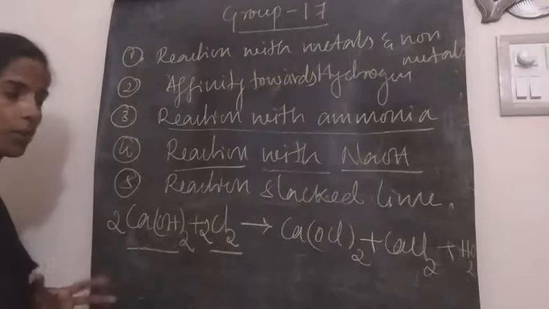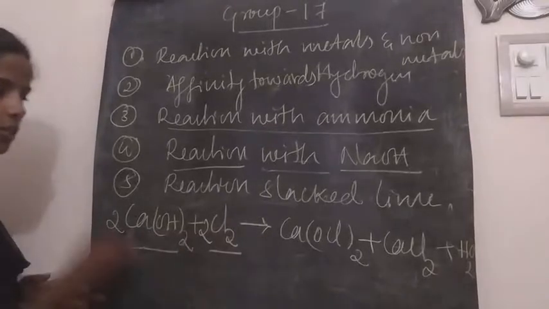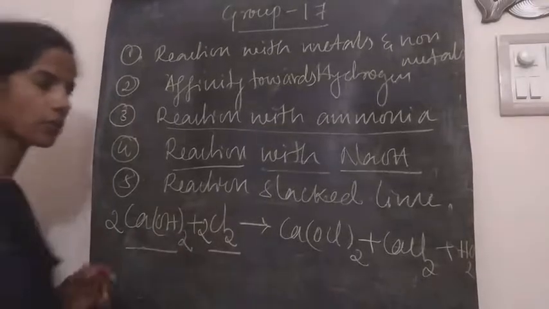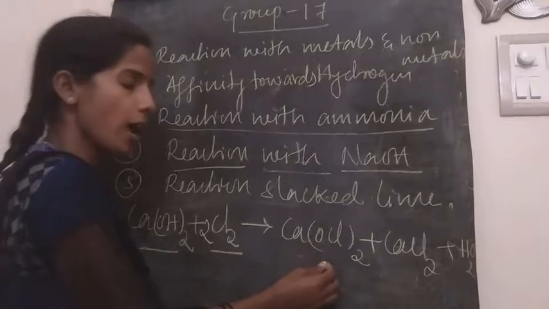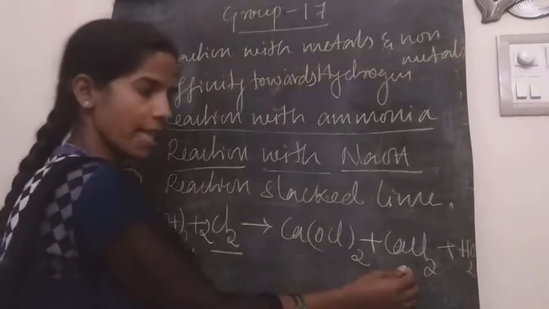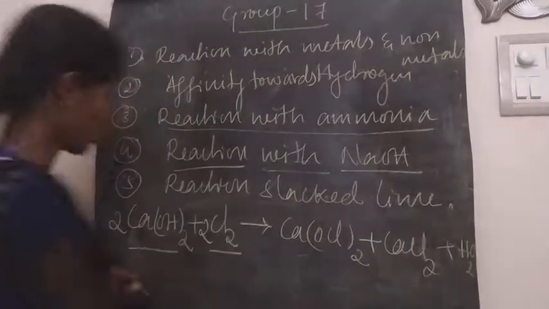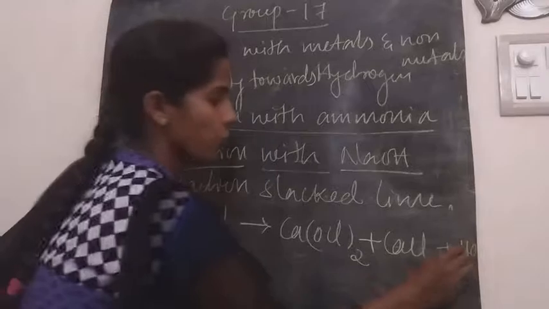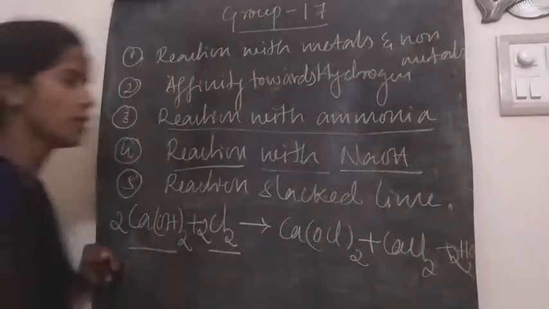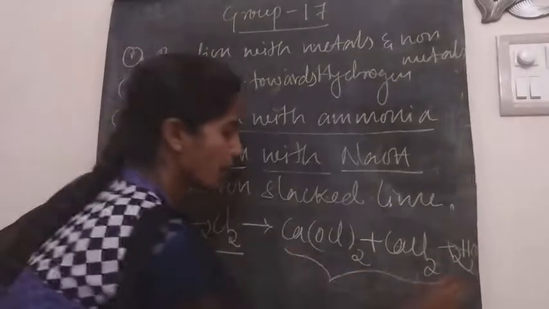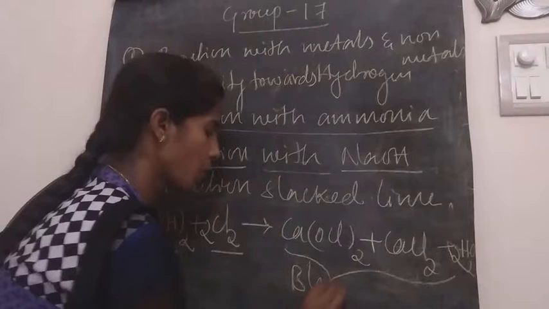That is a very important reaction. Chlorine reacts with slaked lime, that is calcium hydroxide. We get calcium hypochlorite plus calcium chloride plus 2H2O. This is called bleaching powder.